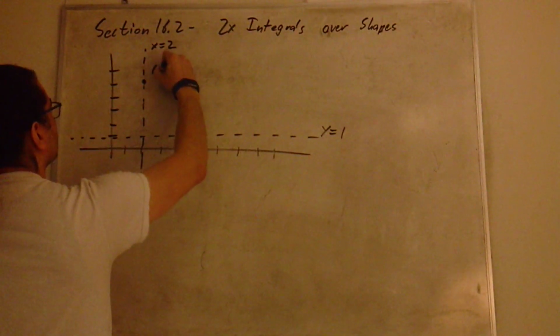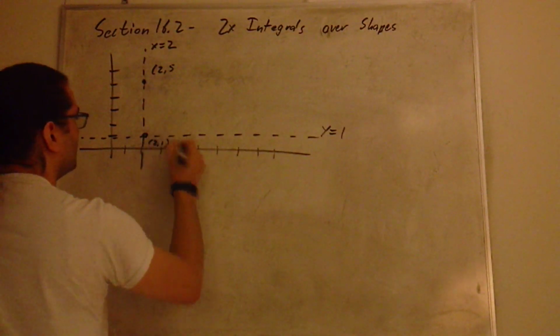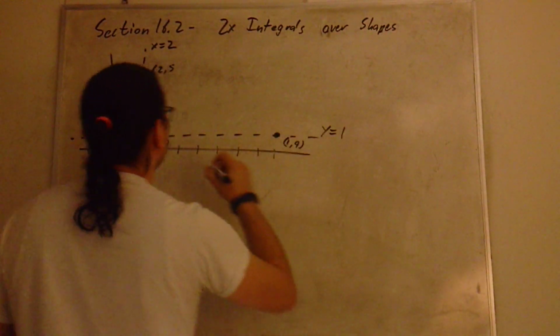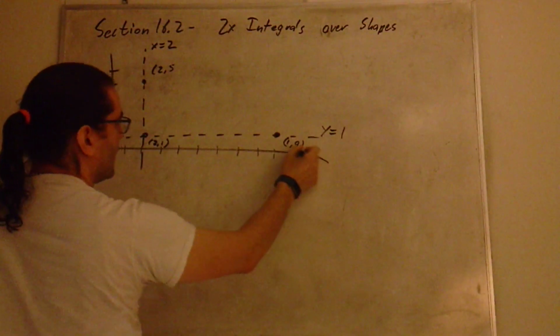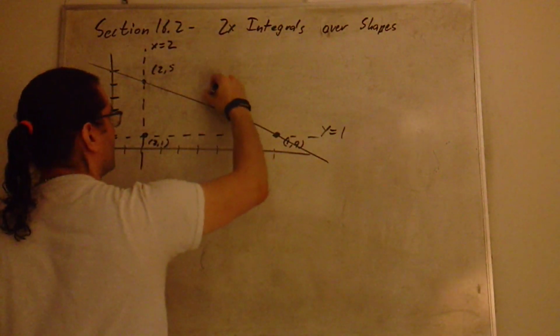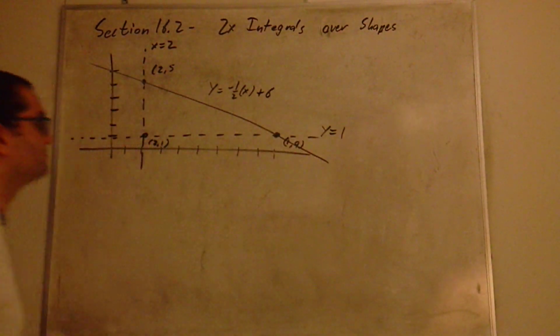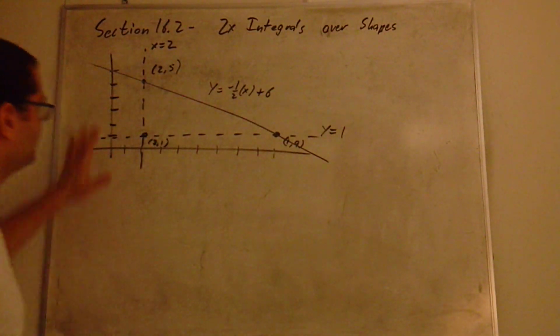Here's the point (2, 5). Here's the point (2, 1). Here's the point (1, 9). And here is a line. This is the line y equals negative 1/2 x plus 6. It goes from (2, 5) to (1, 9).